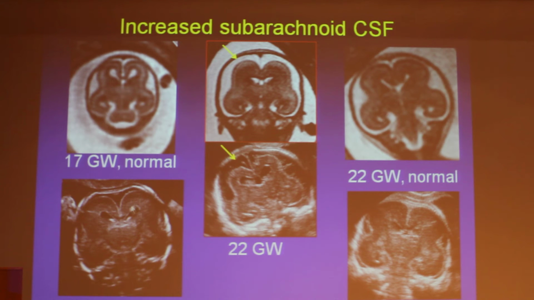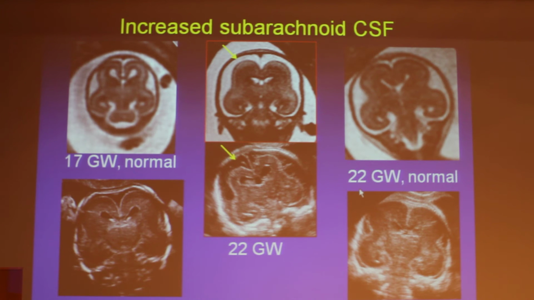When you look at the abnormal cortex, even at a very young age, at 17 weeks of gestational age, which is not the usual age that you perform fetal MR, the brain is very symmetric, and this is normal at that gestational age.